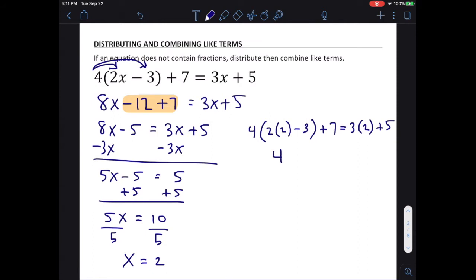So we have 4 plus 7 is equal to 6 plus 5. And then if we add those together, we get 11 is equal to 11. And if you remember from intermediate algebra, if we have the same number when we substitute our answer for the variable on either side of the equal sign, then we know we have the right answer. So I'm confident that x equals 2 is correct.